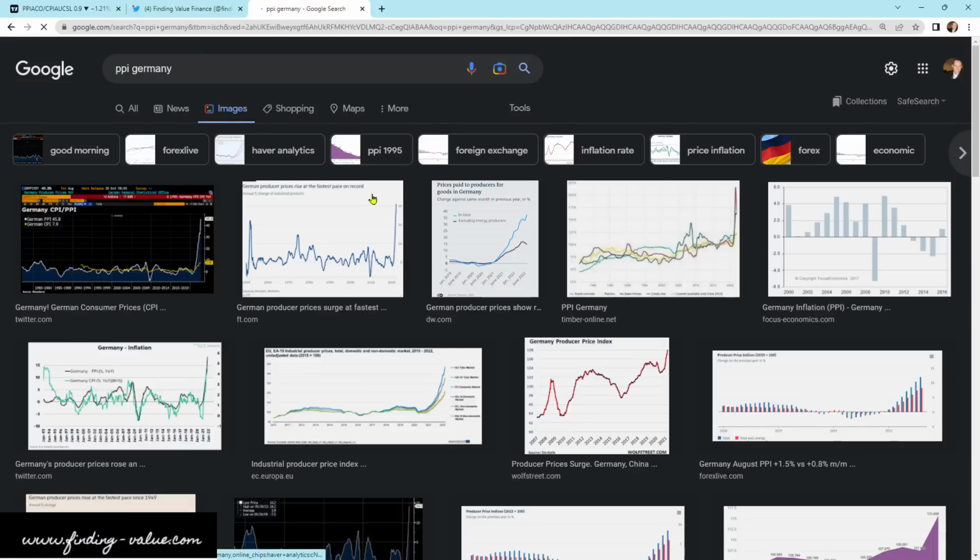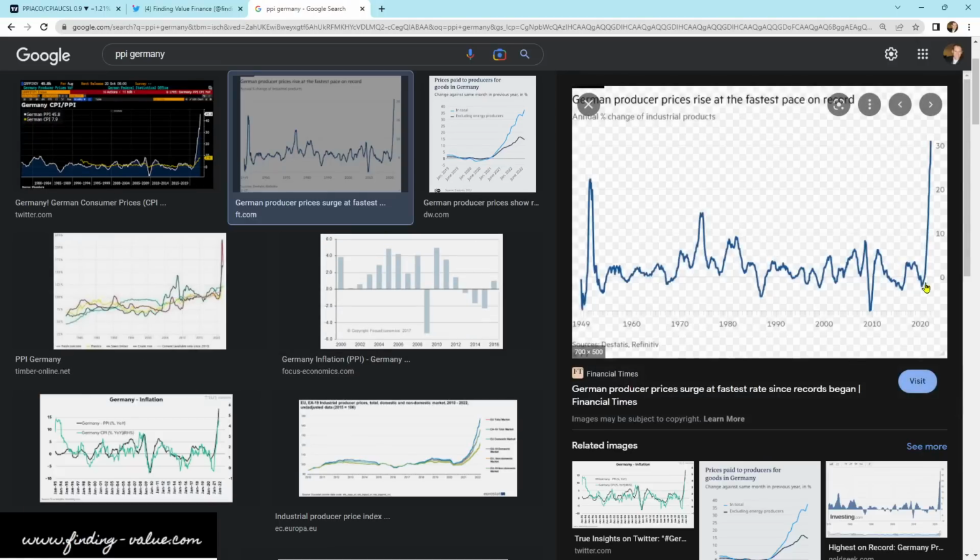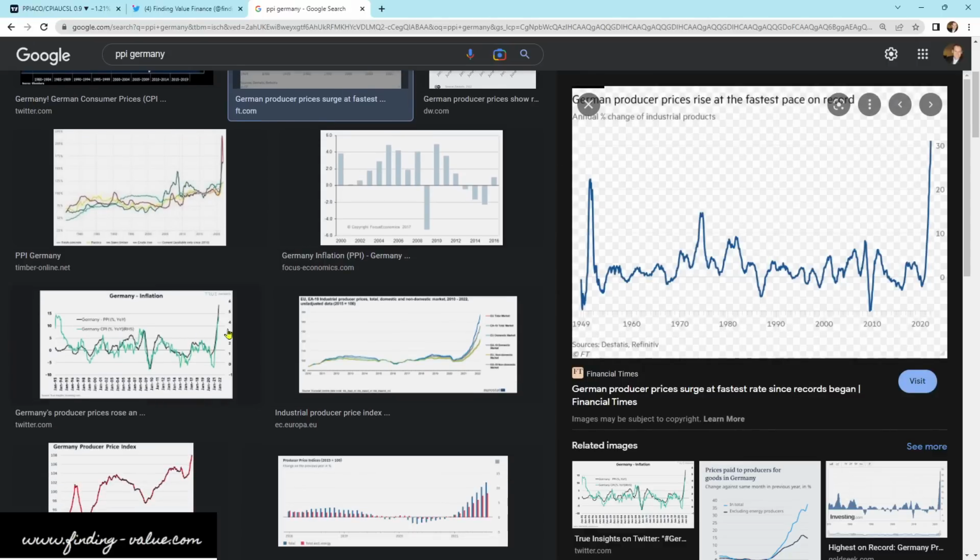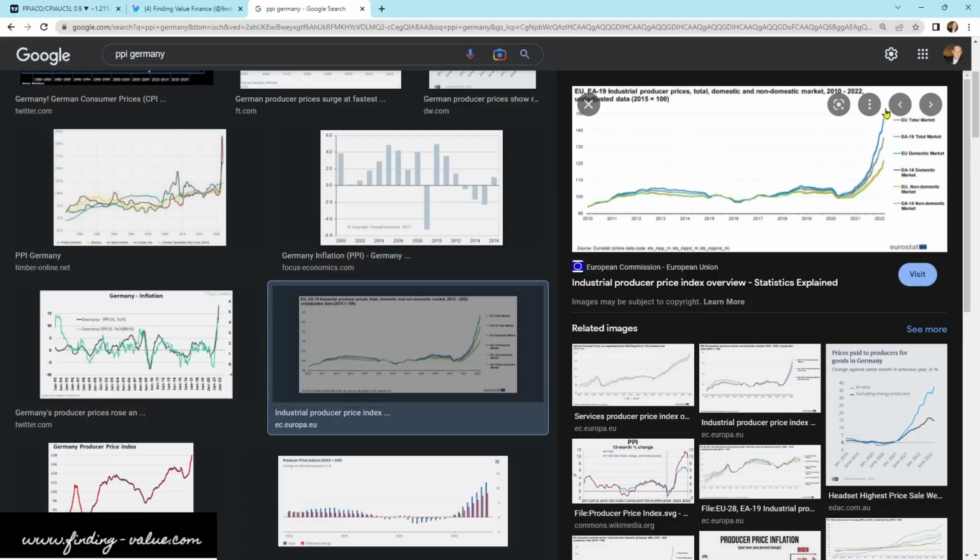Germany for 2022, this thing is rocketing higher here, and it's even higher than that, I think, in the most recent data. It is way up there. It is rocketing on up for the EU, which is all driven by energy.